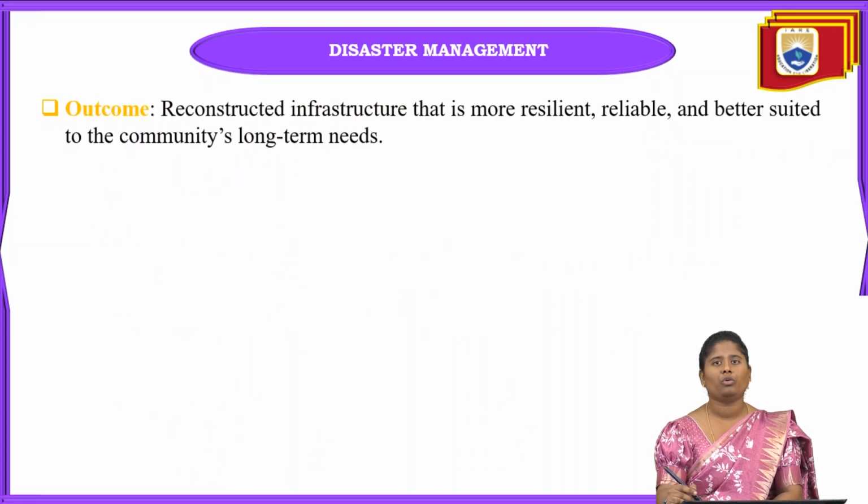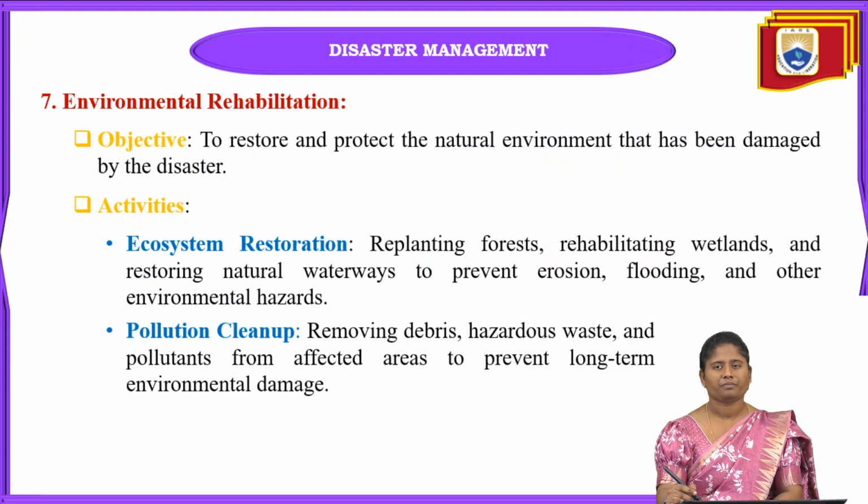The main outcome is that they are more resilient, reliable, and better suited to the community's long-term needs. Okay. Next one is environmental rehabilitation. Here we restore and protect the natural environment that is mainly disturbed by the disaster. What we can do in this one is, firstly, ecosystem restoration.